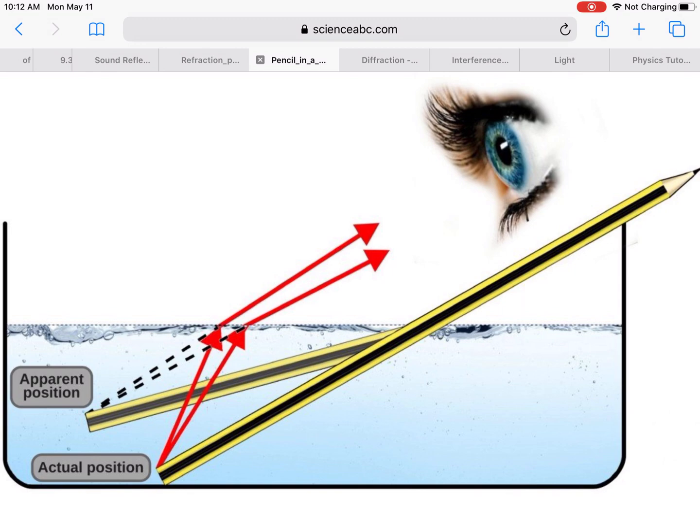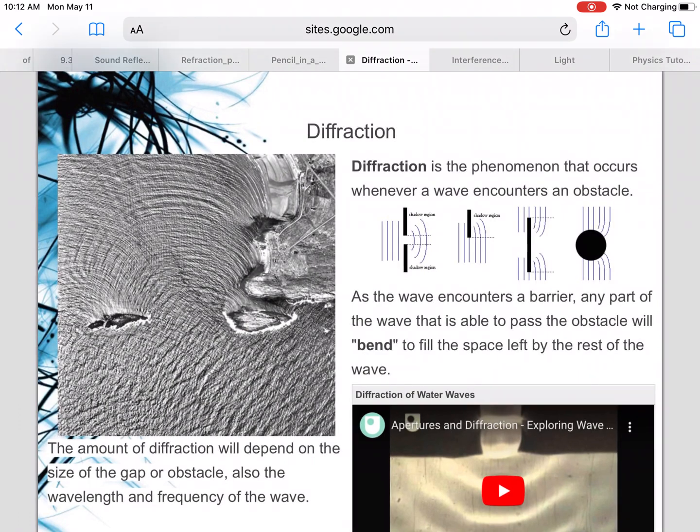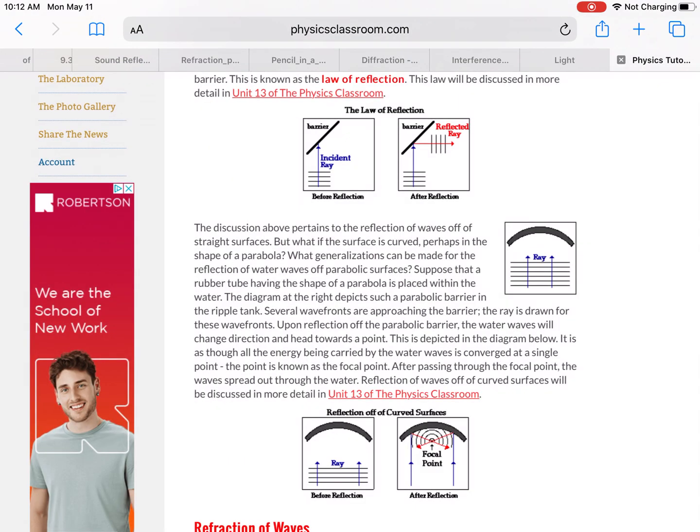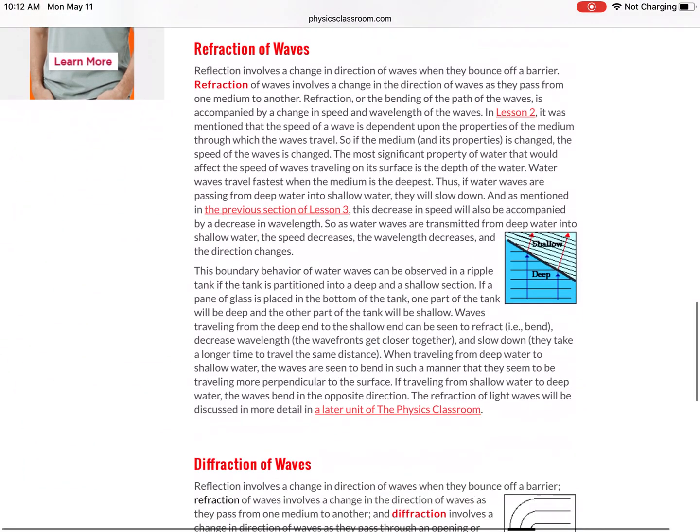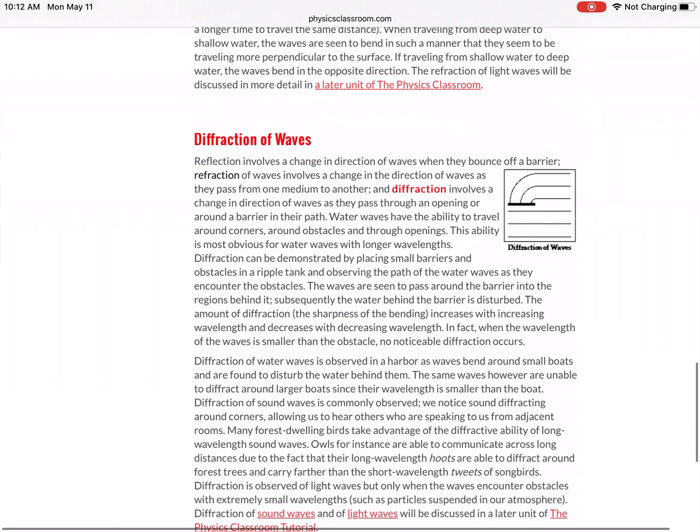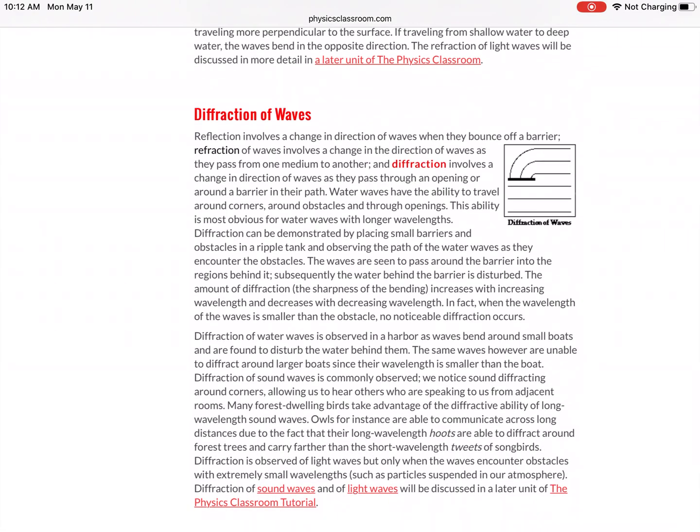Okay? And then the third thing was diffraction. So we've talked about reflection, we discussed that in detail. Refraction we'll discuss in detail later on. And then we have diffraction, and this is an example of diffraction. Let me go to this page here, the image for the diffraction.